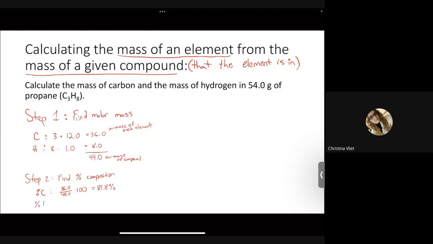And for hydrogen, it's going to be 8 divided by 44 times 100, which is 18.2%. And then step 3, find mass of each element. So I'm going to show method 1, method 2.